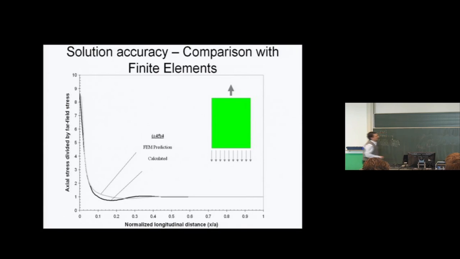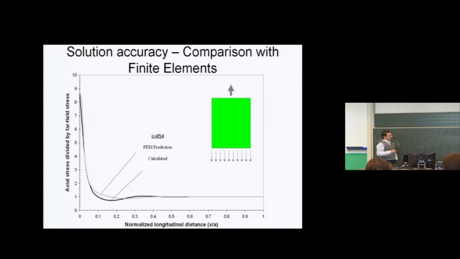If you look at the results, the solution calculated with our methods with infinite series is very close to the finite element, with small differences in this region here. And one thing we already observe is that we get to that far field value of 1 at about half the distance away from the point of action.